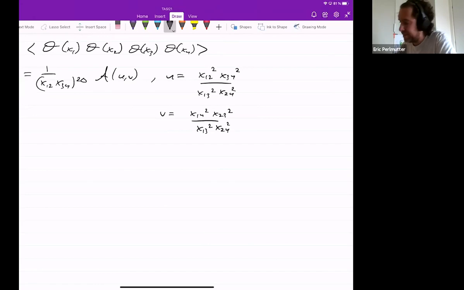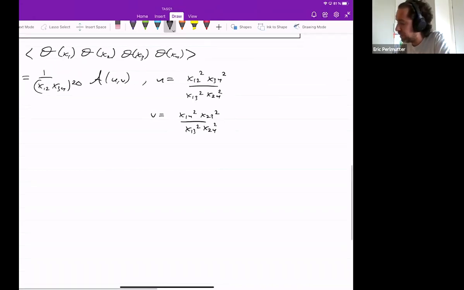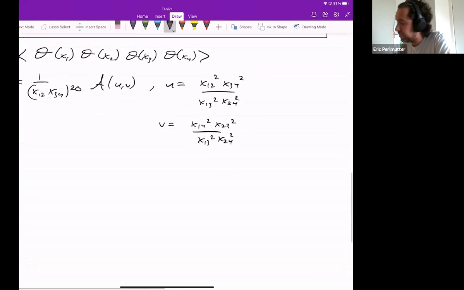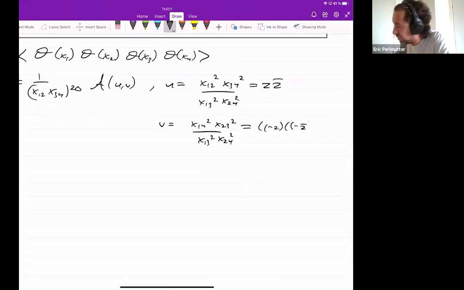One can reparameterize these two, in general, complex cross ratios U and V in terms of complex variables Z and Z bar. That will be convenient. So let's do that. Here's the parameterization, which is very common. And so let's think of this as a function of Z and Z bar, which I like better.